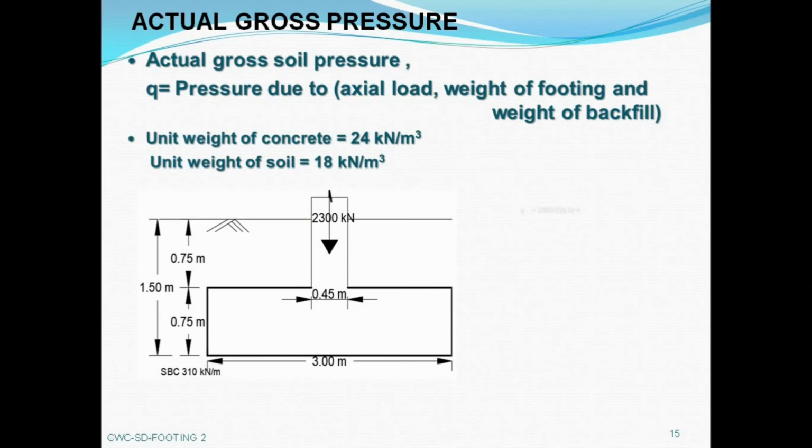So, pressure due to axial load can be obtained by dividing the axial load of 2300 kN by the footing area 3 meter by 3 meter. Now, pressure due to weight of the footing can be obtained by multiplying the unit weight of concrete, that is 24 kN per meter cube, by the thickness of the footing.